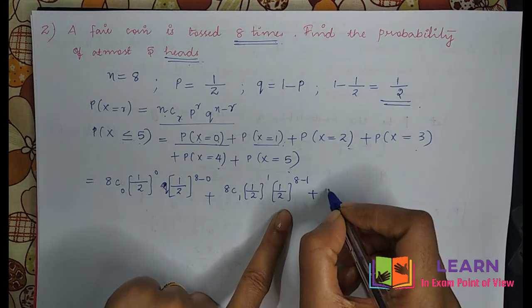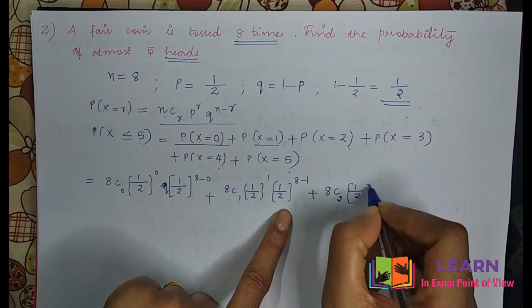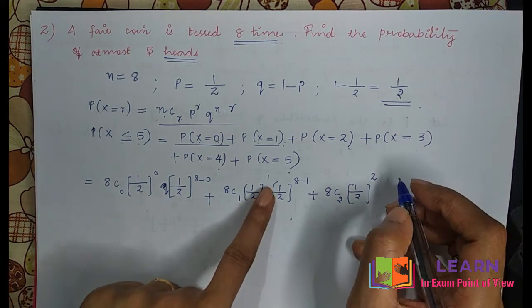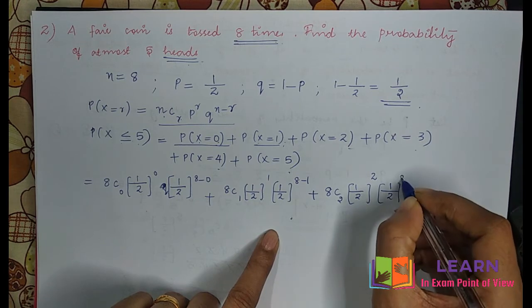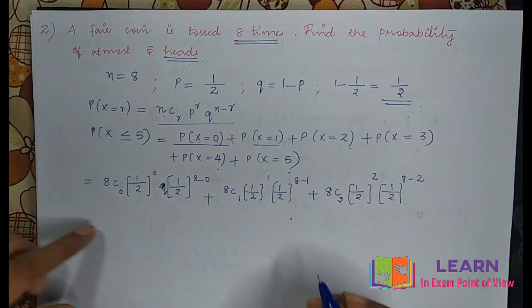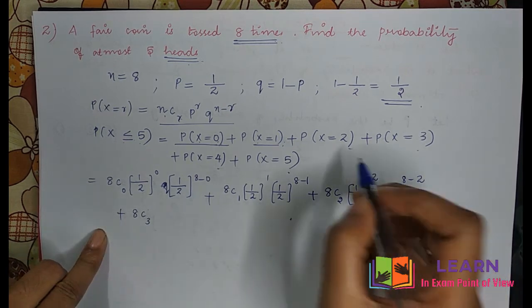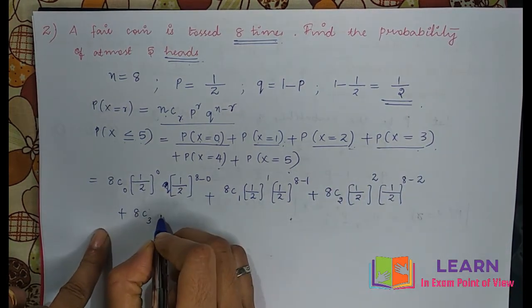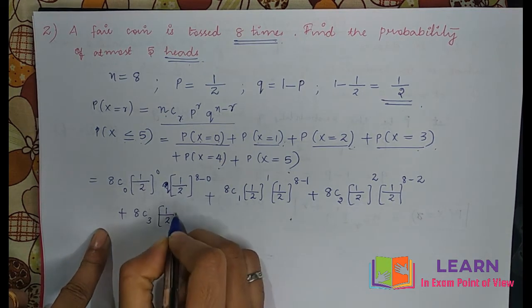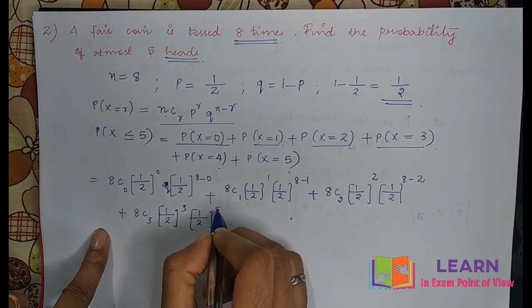Next 8C2 (1 by 2) raised to 2, then (1 by 2) raised to 8 minus 2, then plus 8C3 (1 by 2) raised to 3, then (1 by 2) raised to 8 minus 3.